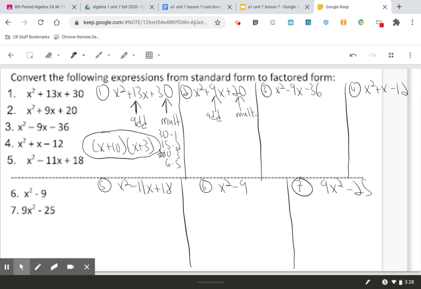And hopefully you realize that those two numbers are 5 and 4, right? 5 plus 4 is 9. 5 times 4 is 20. Once I figure out those two numbers, I automatically know that my two factors are x plus 5 and x plus 4.